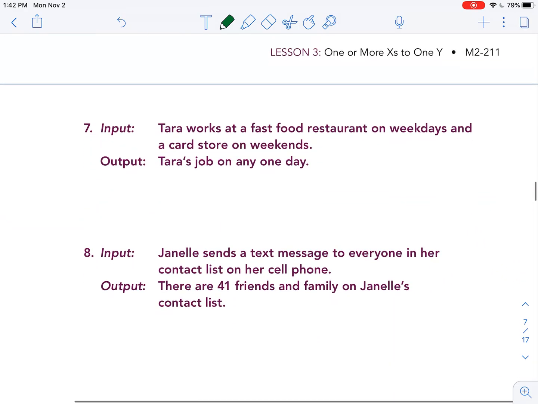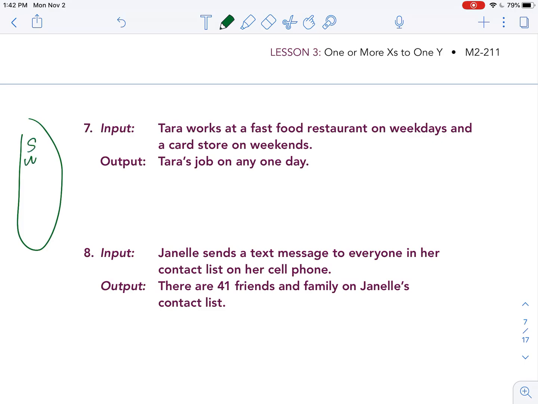This next one says Tara works at a fast food restaurant on the weekdays and a card store on the weekends. Tara's job on any one day. Okay? So you can think of it like this: Sunday, Monday, Tuesday, Wednesday, Thursday, Friday, Saturday. She has 2 jobs. She has fast food, and she has the card shop.